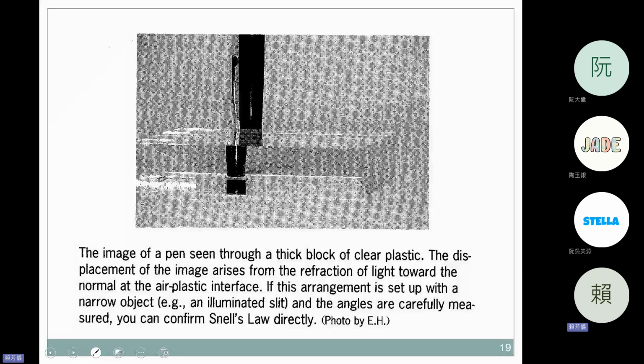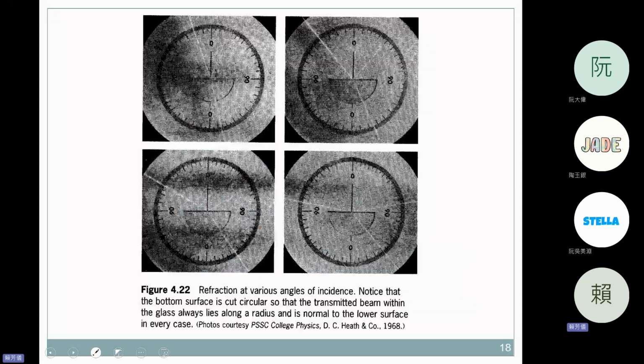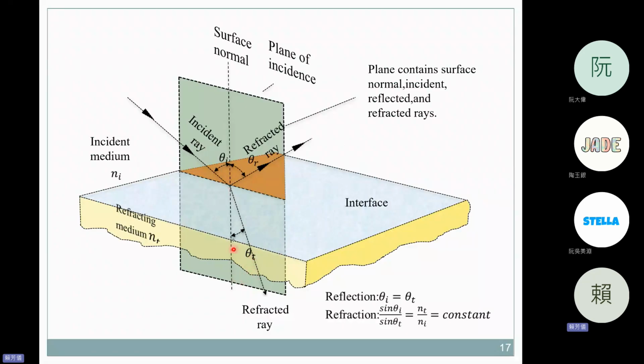Because of the refraction, it seems that the pen is broken, because the light does not move directly in the same direction. It is a little bent, not in the same direction as the incident light. It is bending.